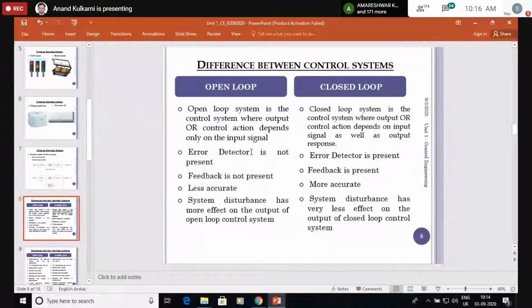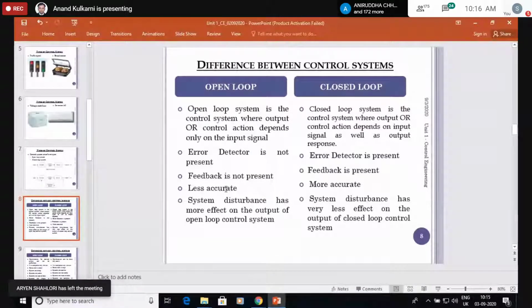An error detector is not present in an open loop system because there is no feedback. When there is no feedback, no error detector is required. In a closed loop system, an error detector will always be present. Another difference is that feedback is not present in an open loop system, and feedback is present in a closed loop system. Accuracy will naturally be less in an open loop system because there is no feedback.